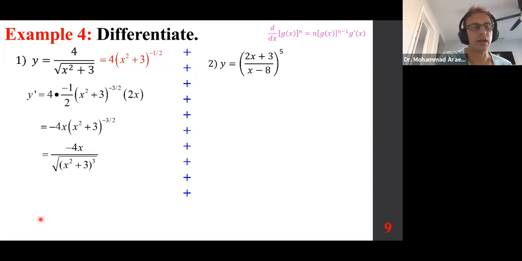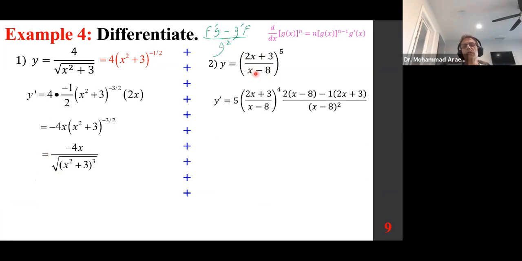Let me again write that because you need to be very comfortable with that. So you need f prime g minus g prime f over g squared, which means 2 times x minus 8 minus 1 times the top over the bottom squared. So I hope you see that. It's pretty simple, okay? And you're done.